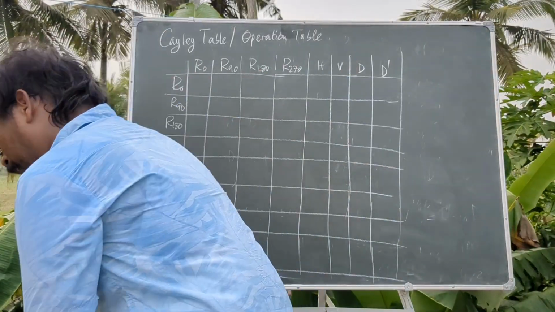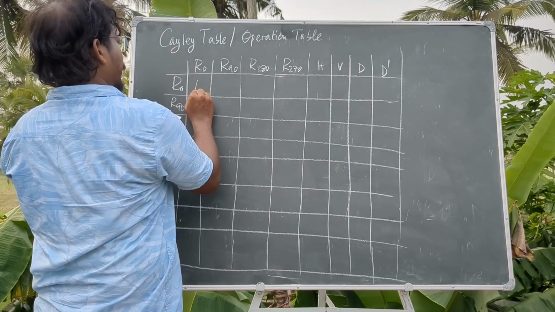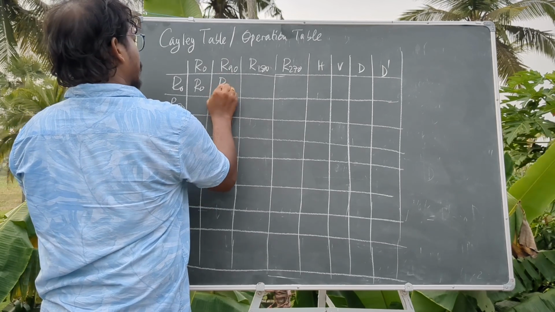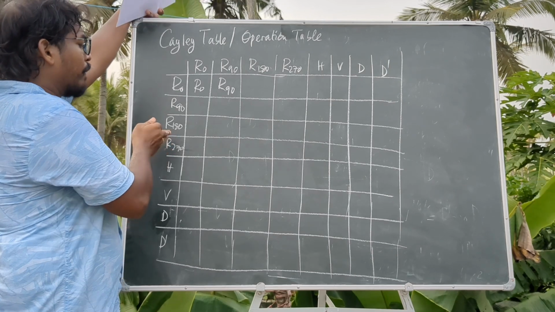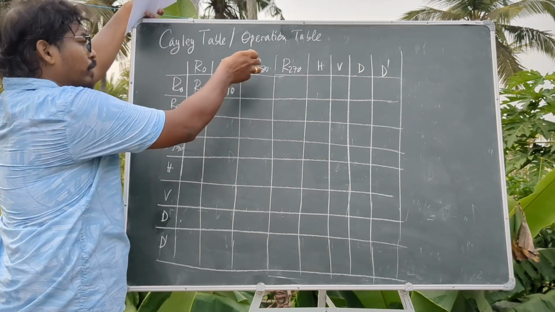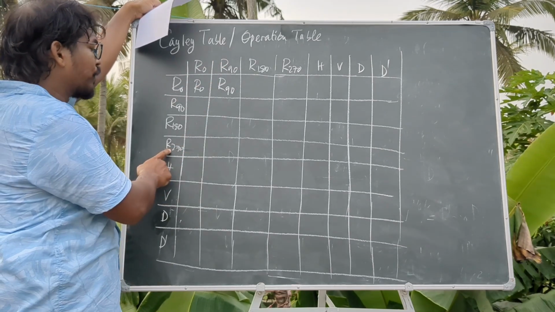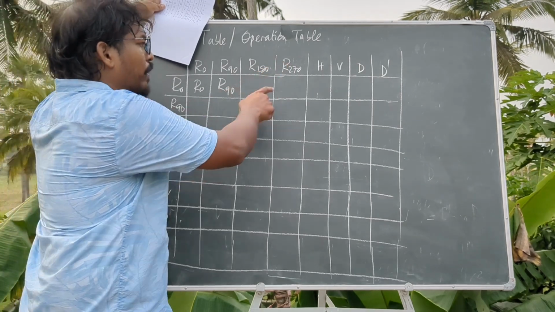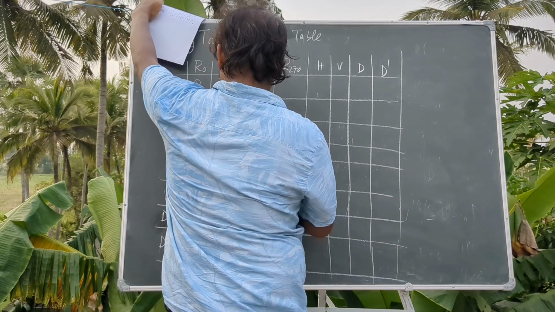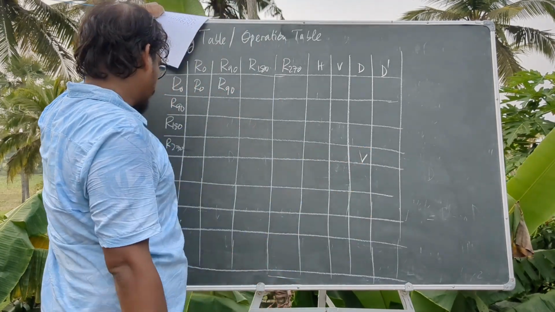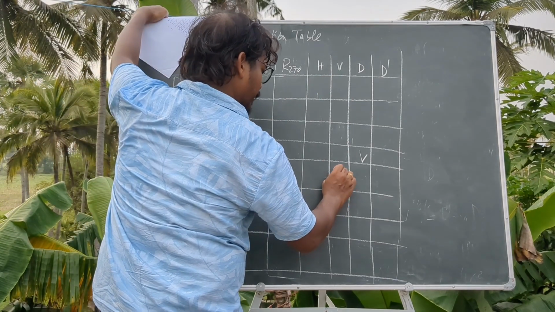And I have the Cayley table with me, and here we have R0, this is R90. So we are actually operating, this is our A and this is B, and we are operating B first then A, as we have said. And we have seen R270 with the operation with the element D, and R270 D gives V. So here we have V, and H with V we have R180.